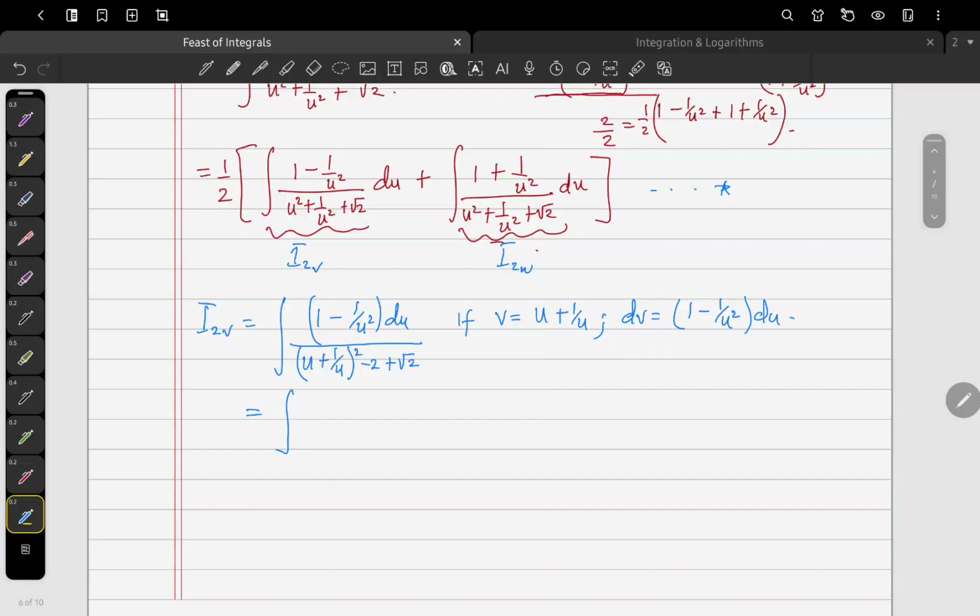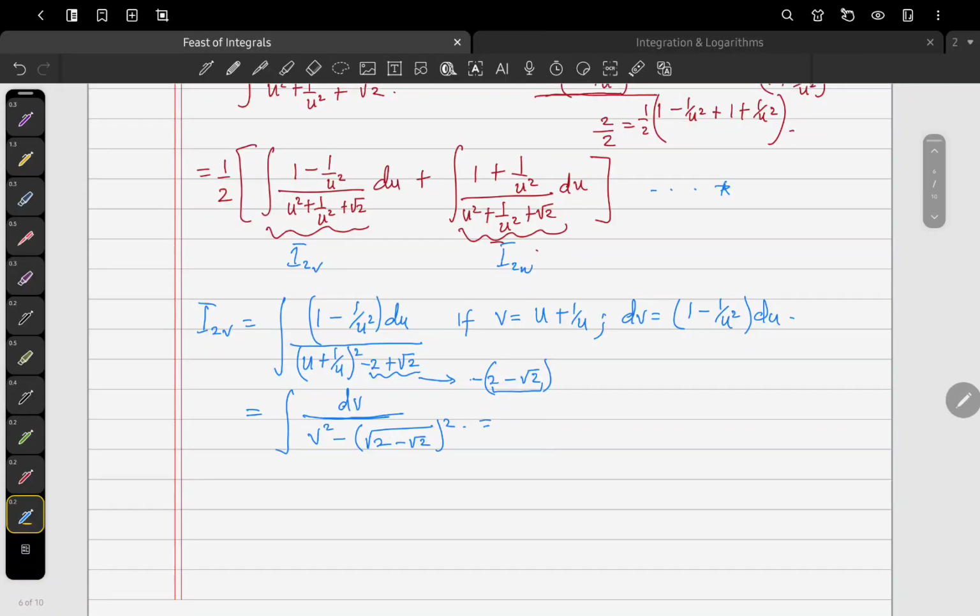So this integrand will become dv over v squared minus 2 plus square root of 2. Then this inner one is square root of 2 minus square root of 2 squared. If we expand this, we're going to go back to that because the squares and square roots will cancel out, and minus 2 plus square root of 2. We're good.